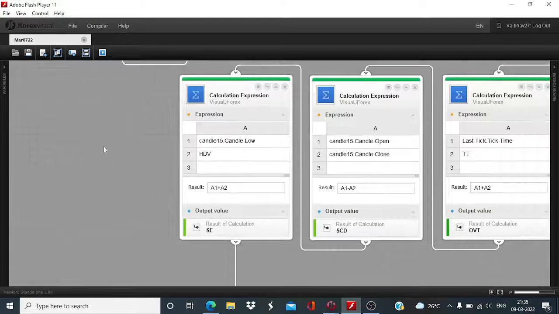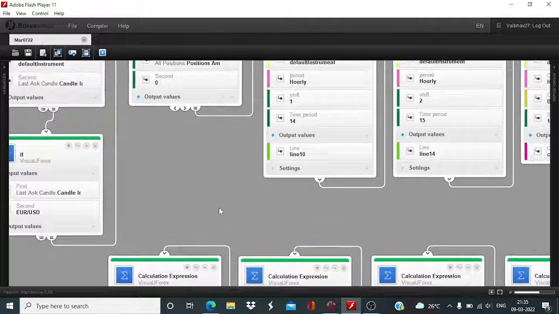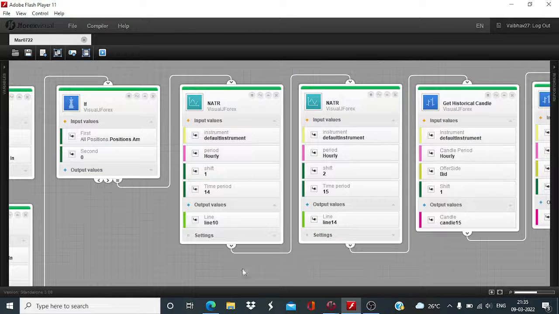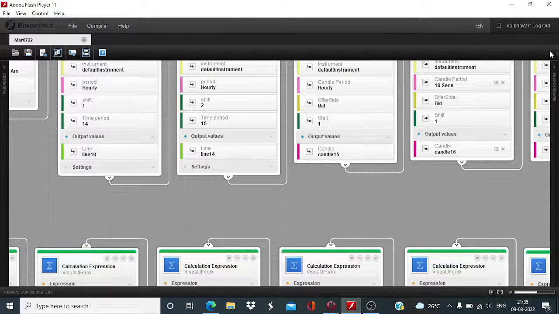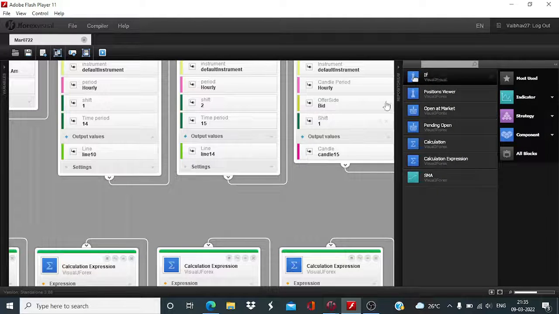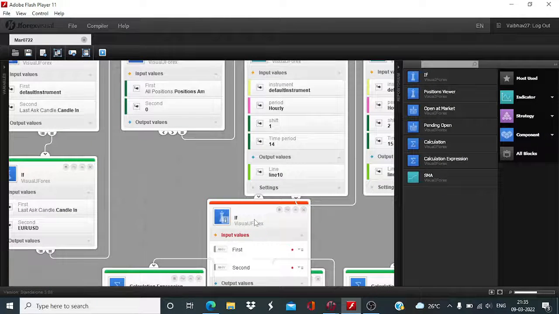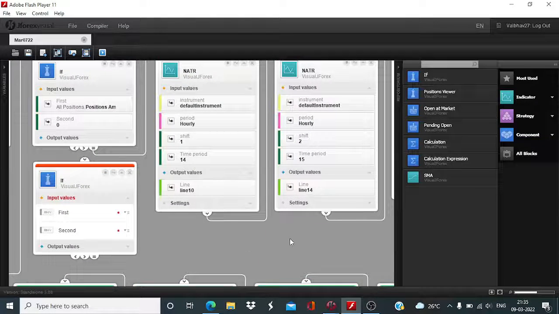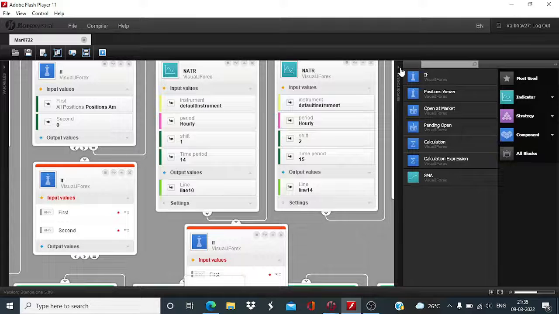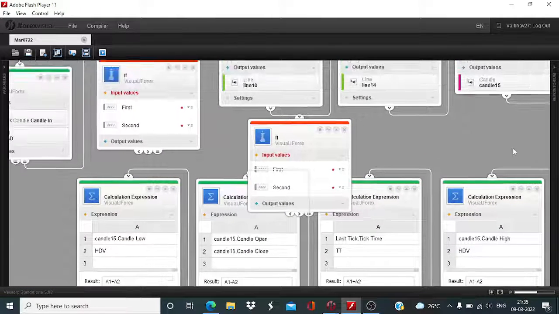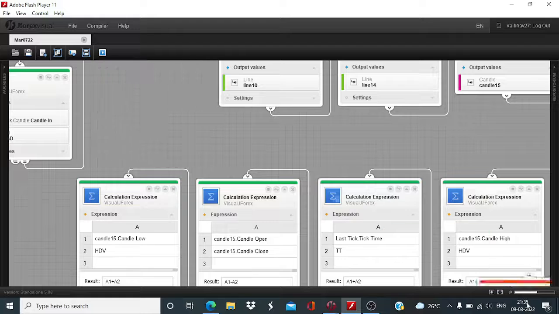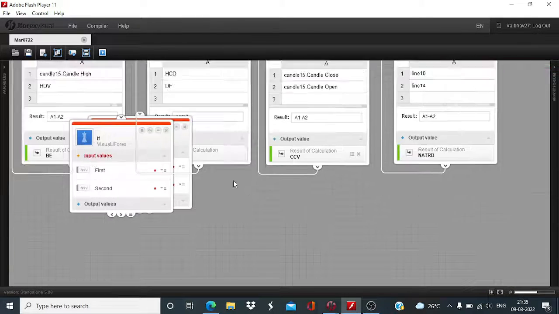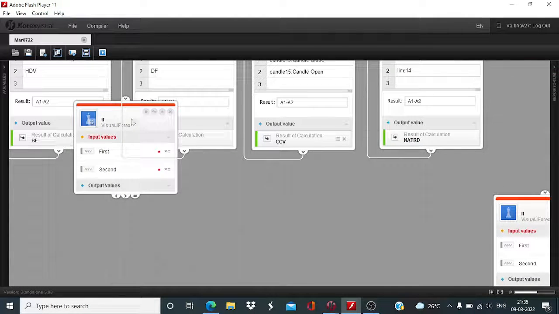Okay, now let us start defining the conditions for the entry, which include looking at the difference between the NATR value, and we have already calculated that in the last session.